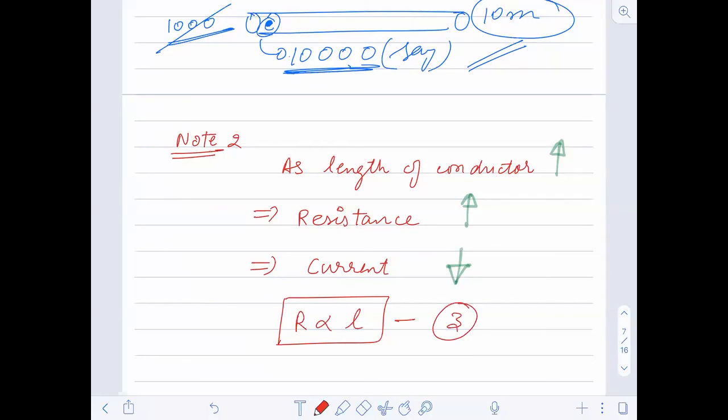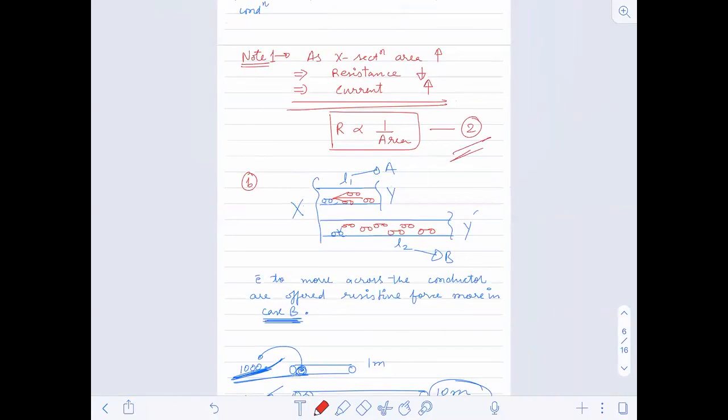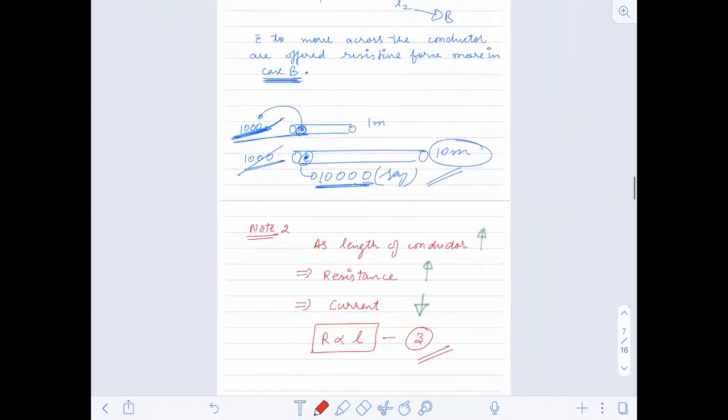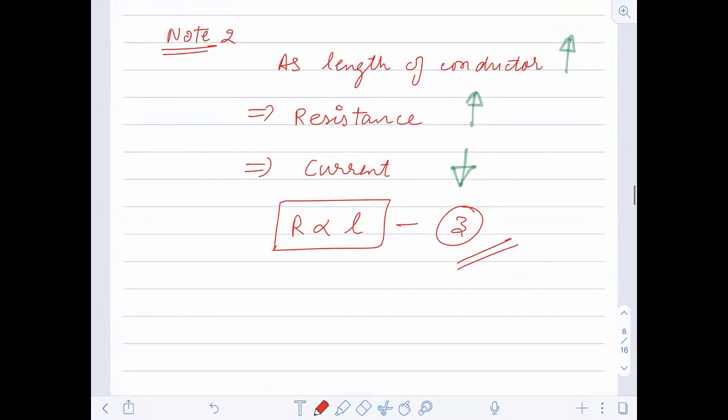Yes. Now just see this equation 3 and my equation number 2. I'm combining equation 2 and 3.